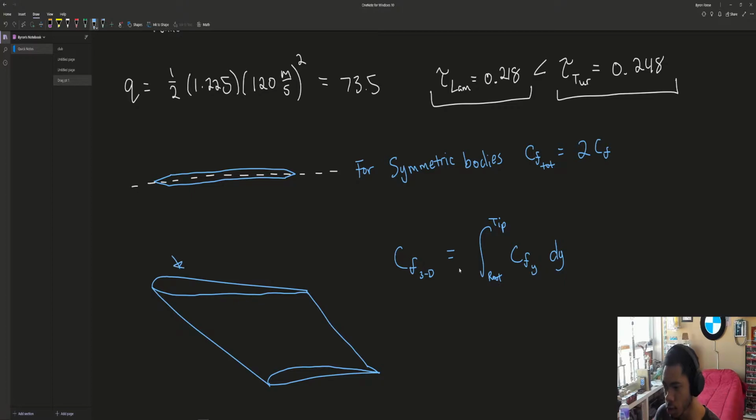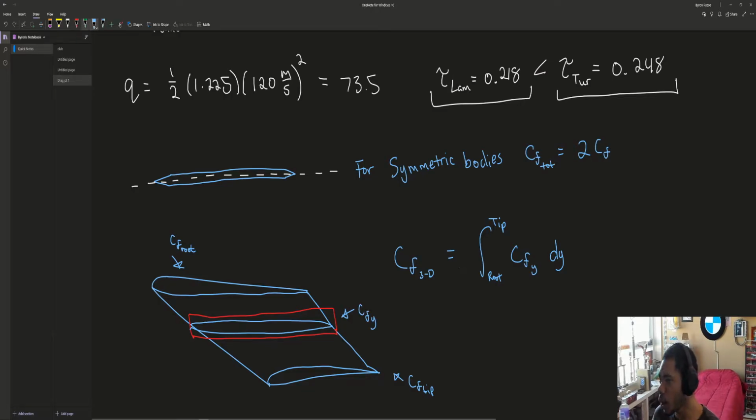So your root is going to have its own CF. Your tip is going to have its own CF. And then any section we take out of the wing is also going to have its own CF.